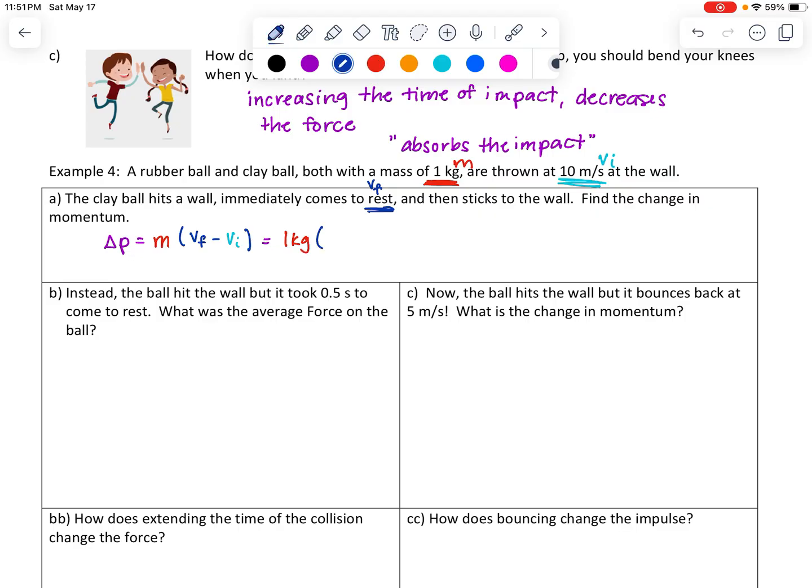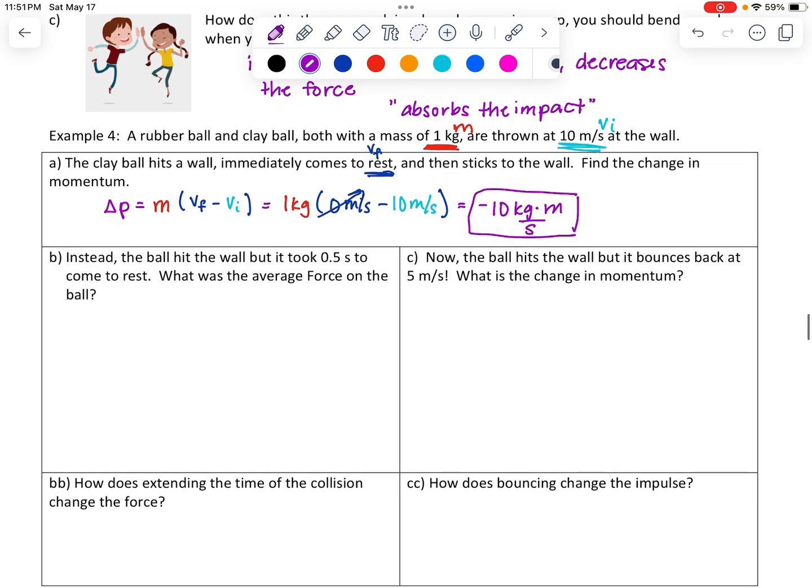Then I multiply by VF, which is 0 meters per second, minus my VI, which is 10 meters per second. Remember, this 0 basically doesn't count. And so what we can see is it's 1 kilogram times negative 10 meters per second. This is negative 10 kilogram meters per second. That's my impulse. Okay.